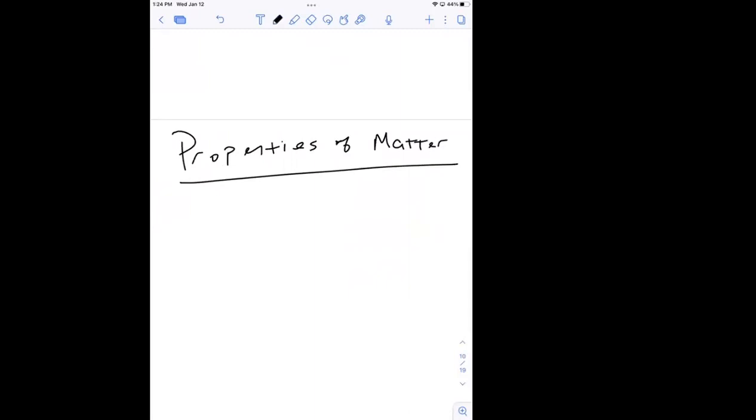So the properties of matter, one of the things that we know about matter, we said that it has mass. Right? And mass is very simple. It's a measure of the amount of matter in an object. And I know these are a lot of definitions, but just stick with it.